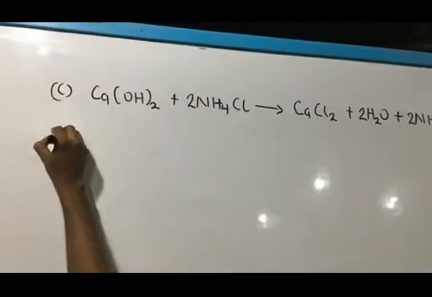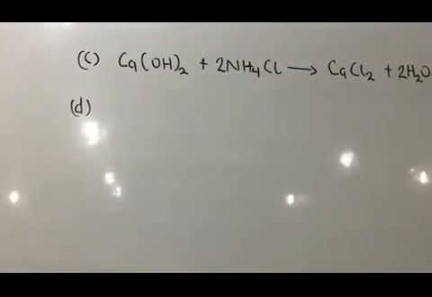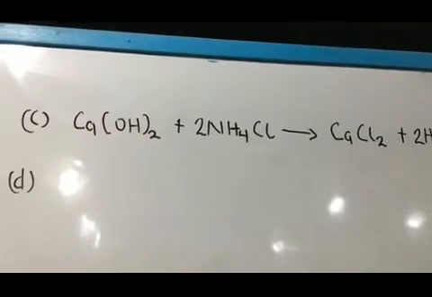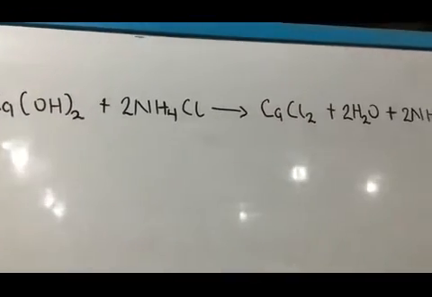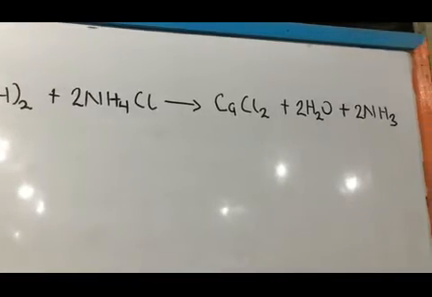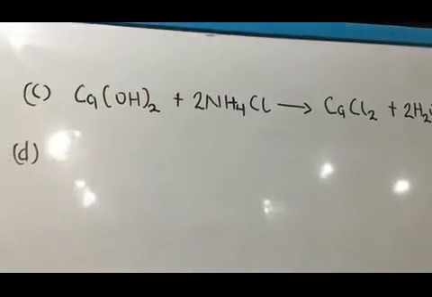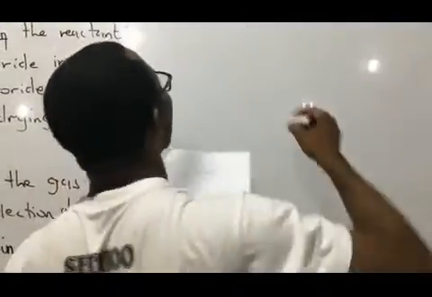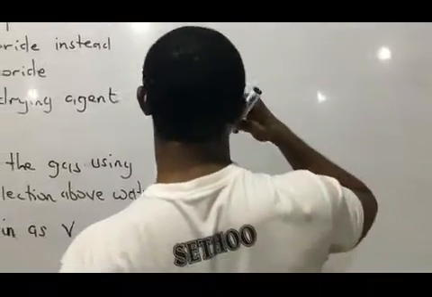And then lastly, you have to describe a test for ammonia gas. I think in the previous session, in question 14, we described how to identify ammonia gas, chemical and physical. So we talked about the chemical test and the physical test. Usually when you say test for a gas, you make use of the chemical test.